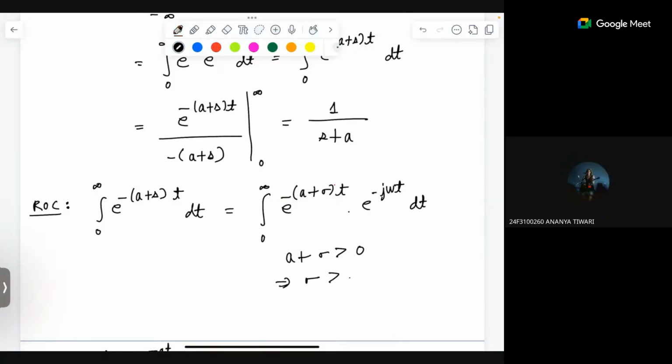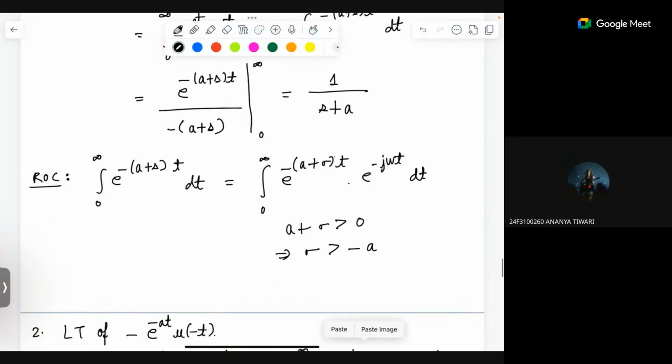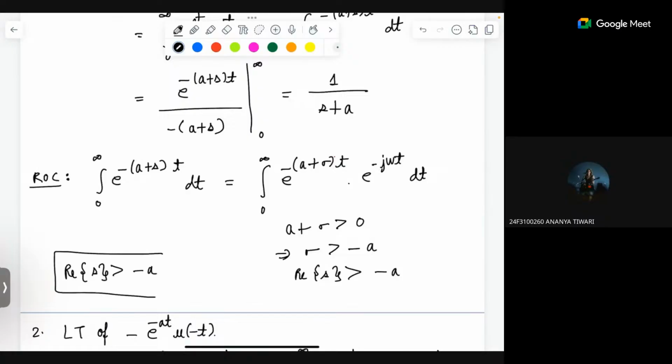This gives sigma should be greater than minus a. And what is sigma? Sigma is the real part of s. So the real part of s is greater than minus a. So here the ROC is real part of s greater than minus a. This is the ROC here.